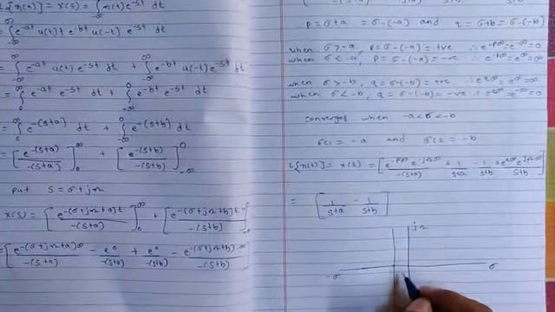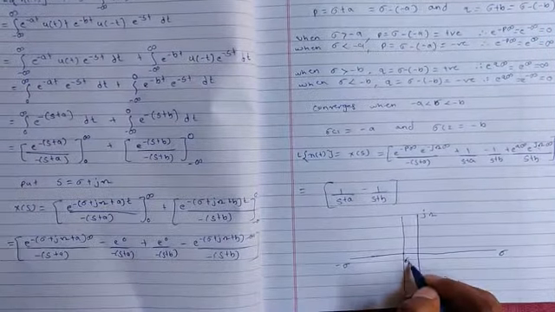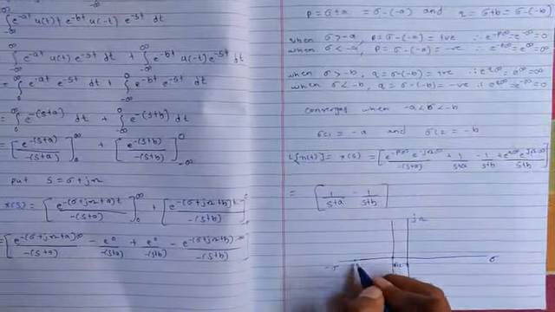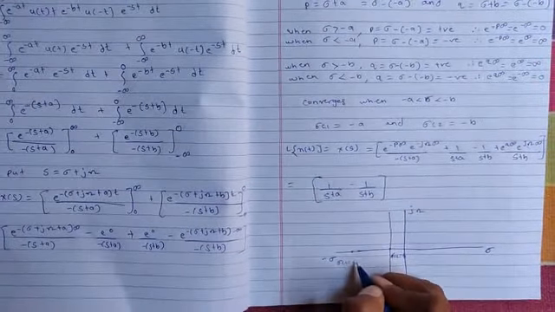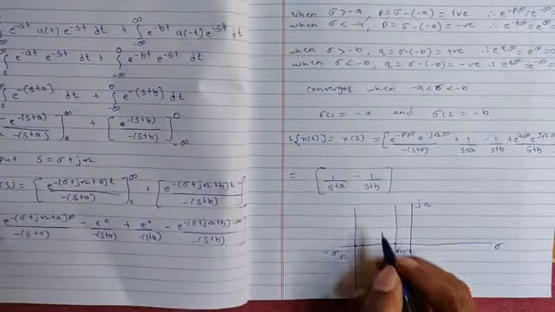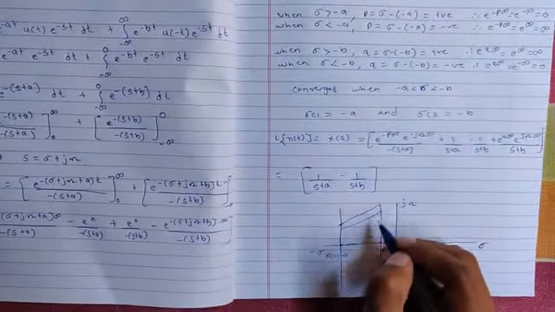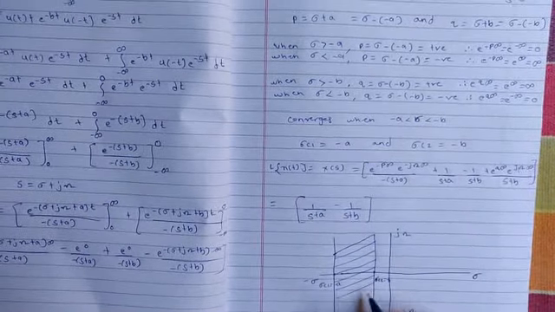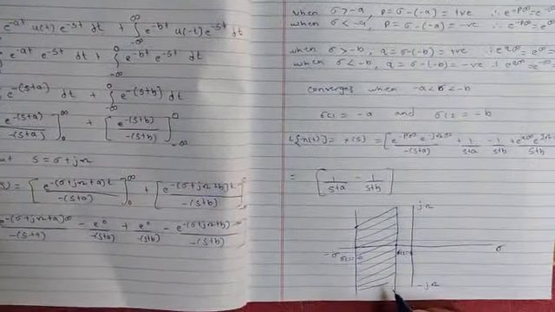This one is σc2 is equal to -b, this is σc1 is equal to -a. So we will draw it here, and the region of convergence lies between these two, -a and -b.